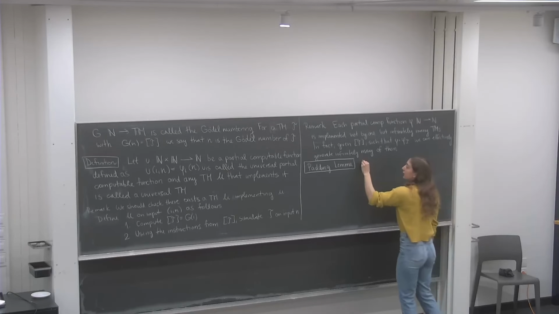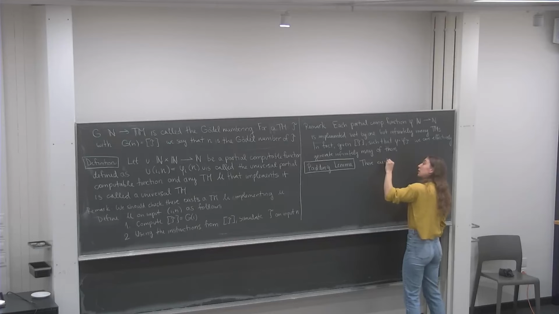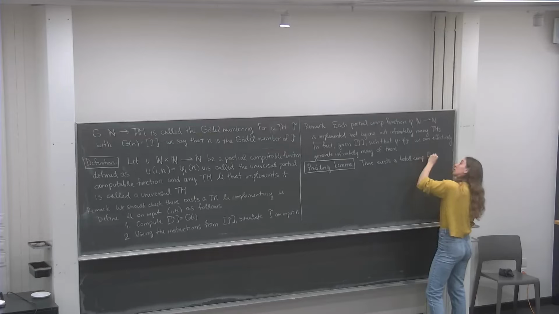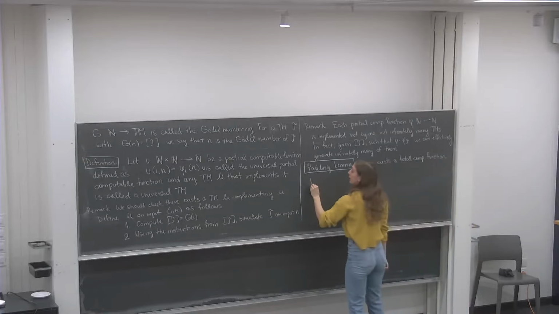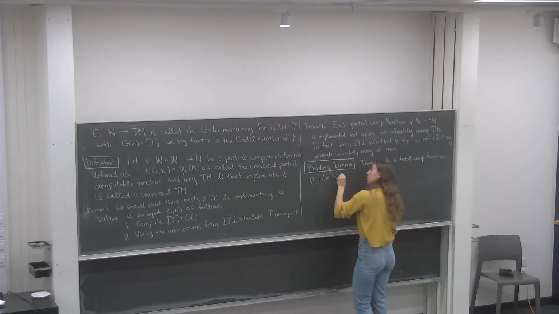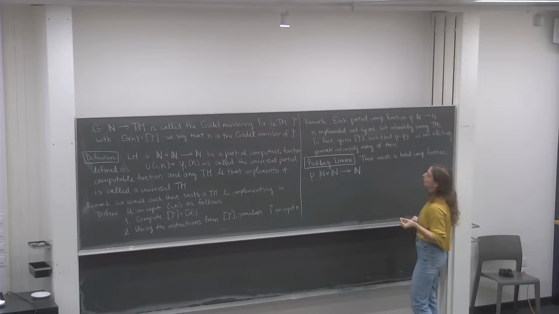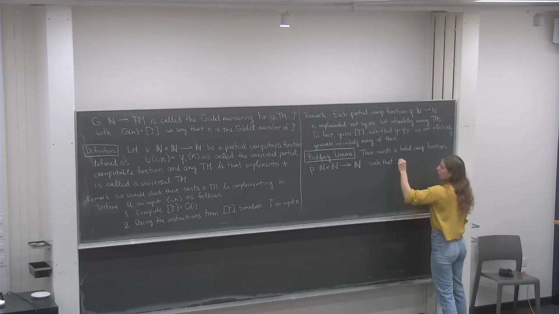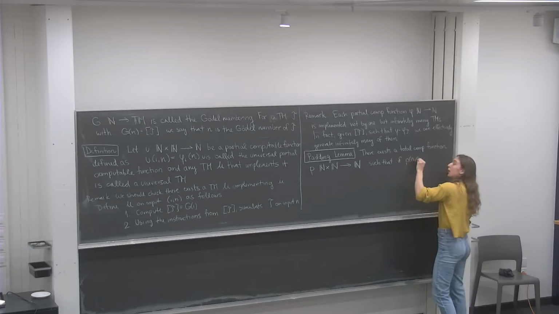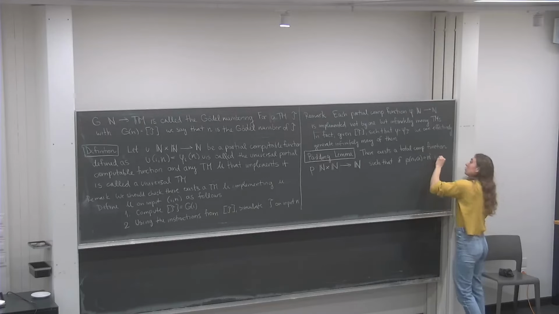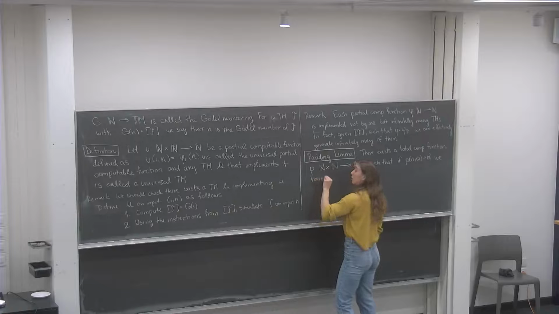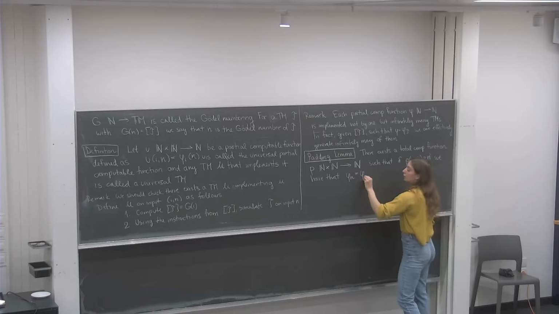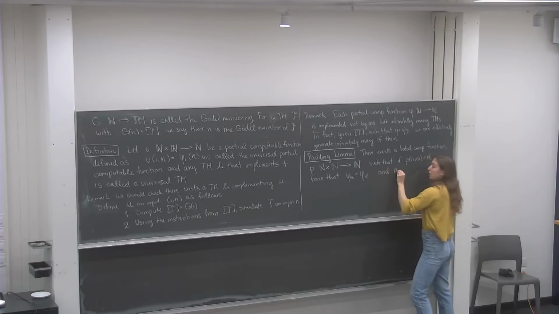So there exists a total computable function, we can call it P, like the padding function, which maps tuples of integers into natural numbers, such that if P on some input n, a is n prime, we have that phi of n is equal to phi of n prime, and n prime is larger than a.